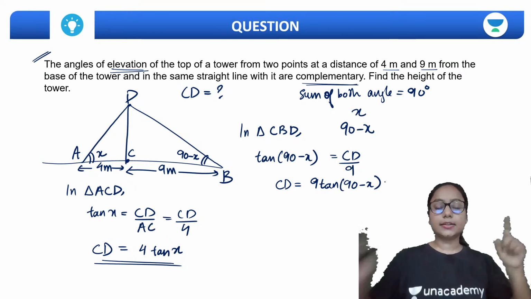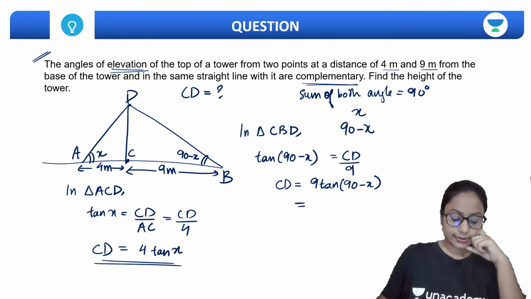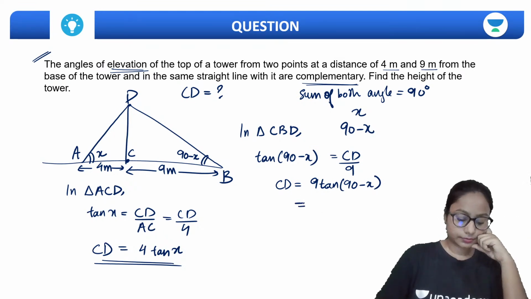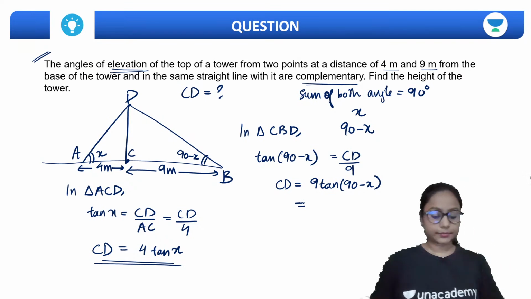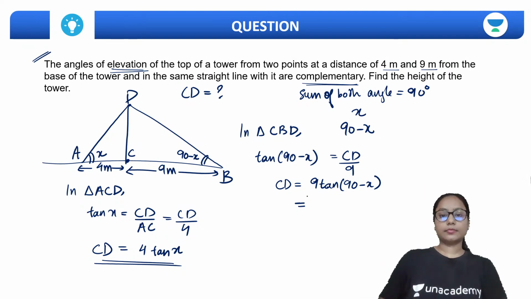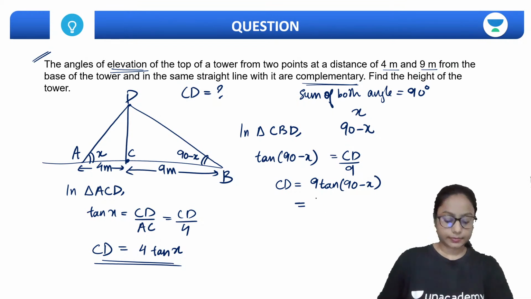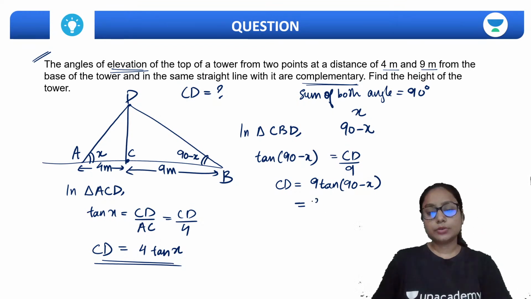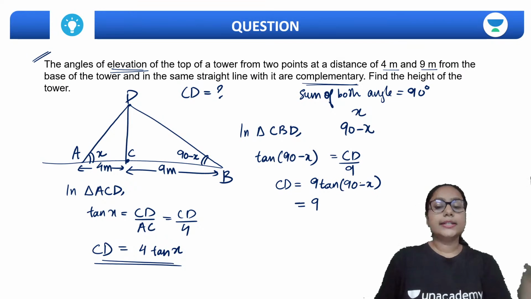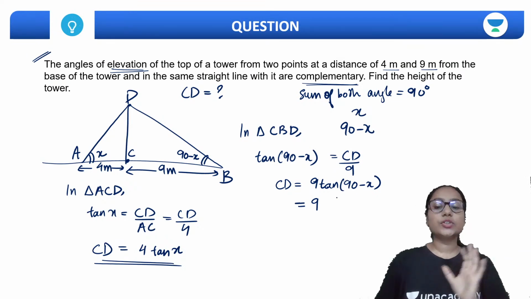We have discussed the trigonometric ratio change, right? So what is tan 90 minus x? It will be 9, and then since 90 is there, the trigonometric ratio will change and tan changes to cot.